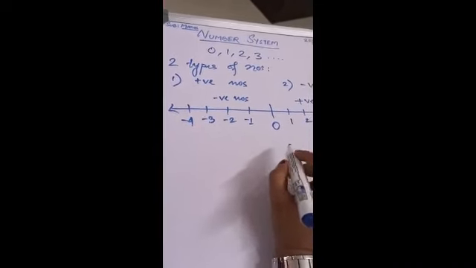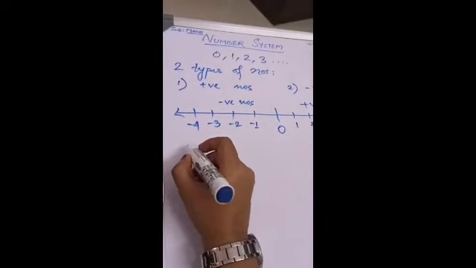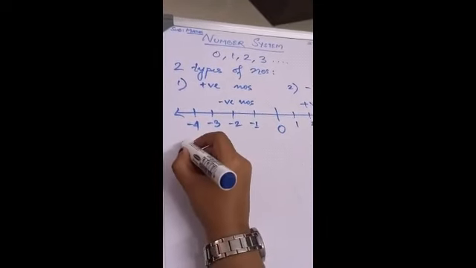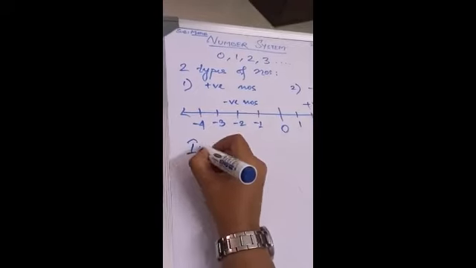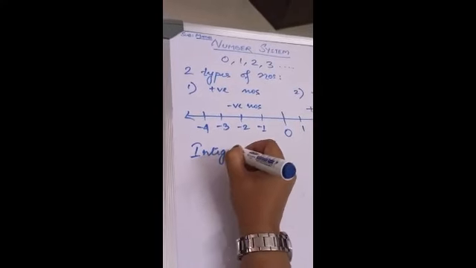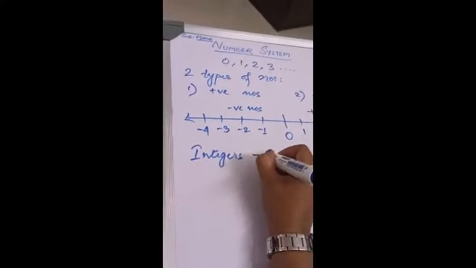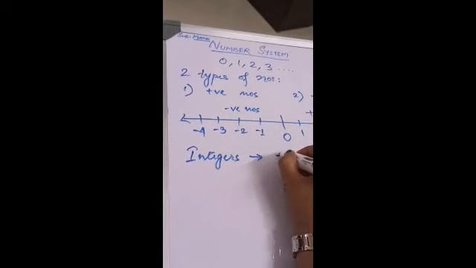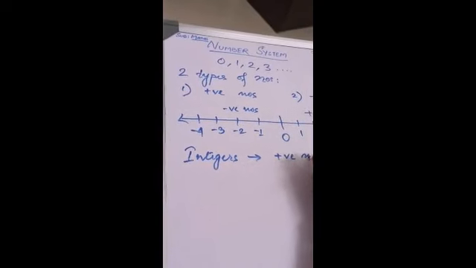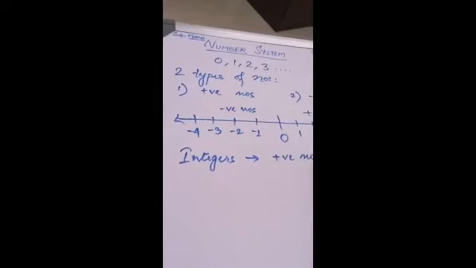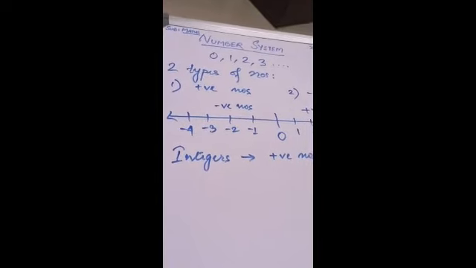Okay, next, all these positive and negative numbers together are known as integers. So what are integers? Integers are the collection of positive numbers and negative numbers.